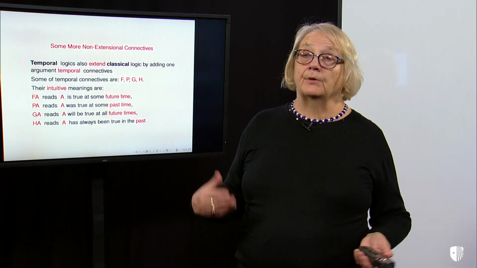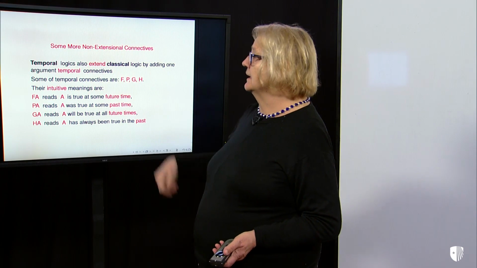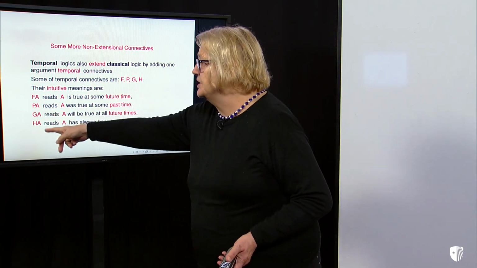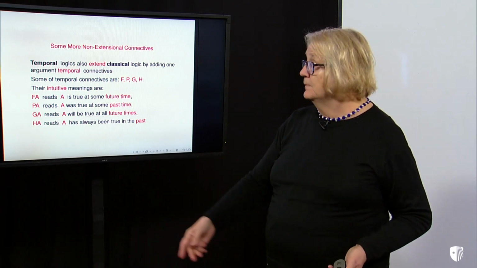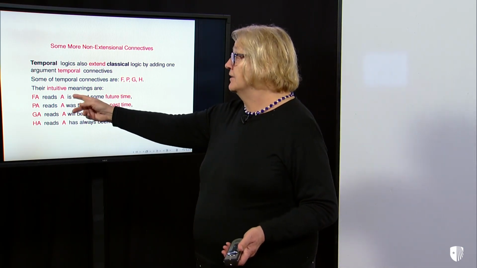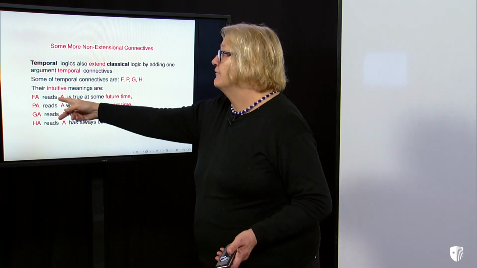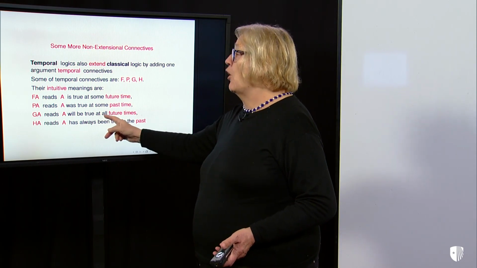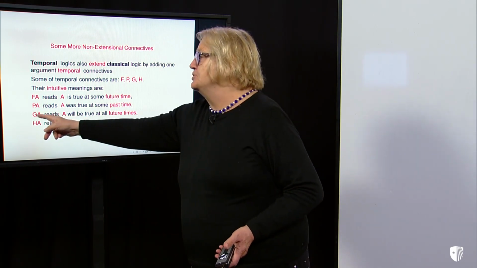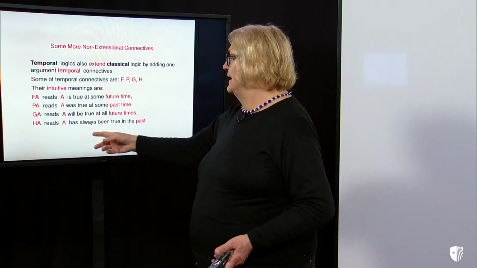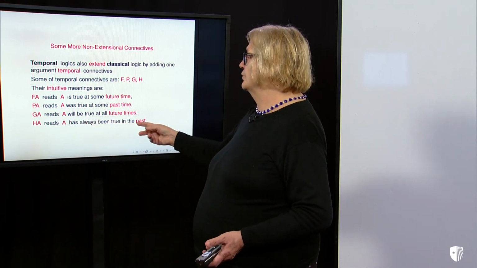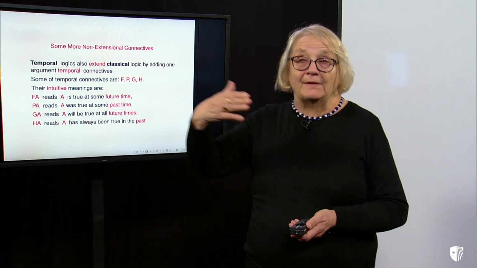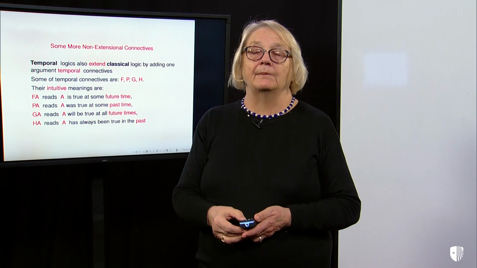Temporal logic also extends classical logic, and you can use F, P, G, H as symbols. FA reads A is true in some future time, P is for the past, G is true in all future times, and H is always true in the past. There are many different temporal logics using that type of connectives.